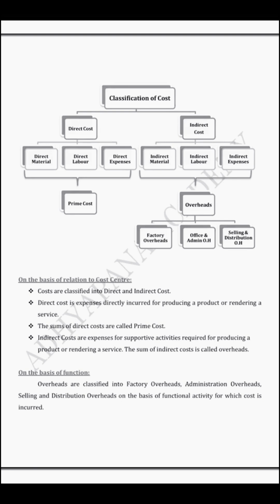So is it only the raw material and the wages which are incurred for manufacturing the product? Not necessarily. You incur certain expenses also. Once you are in a factory premises, you will hire the factory premises or you will own it. If you are hiring the factory premises, you will have to pay rent. If you are owning it, you will have to charge depreciation in your books.